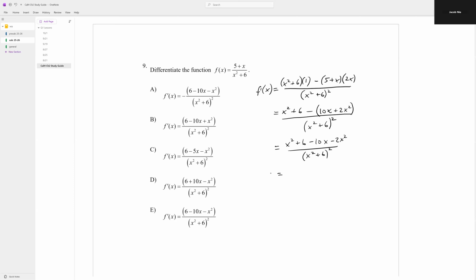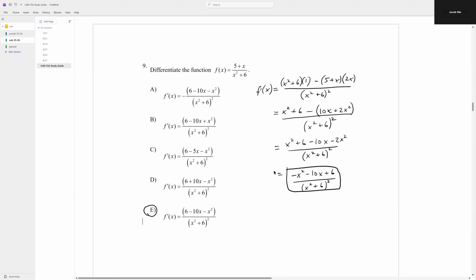And then the x squared and the minus 2x squared will leave me with negative x squared minus 10x plus 6 all over x squared plus 6 squared. That's my final answer. That looks like it corresponds to choice E. Yeah.